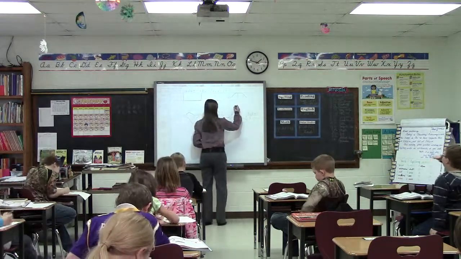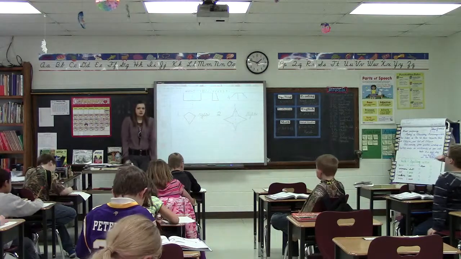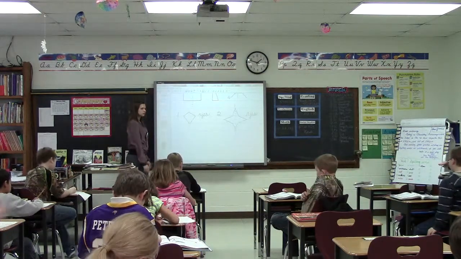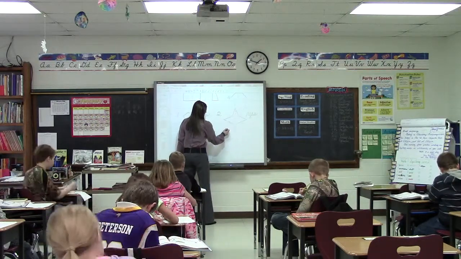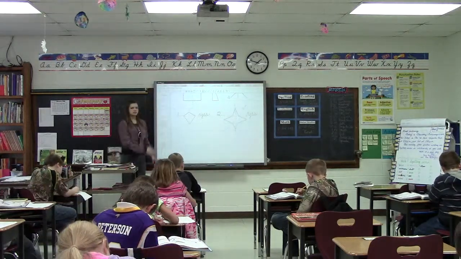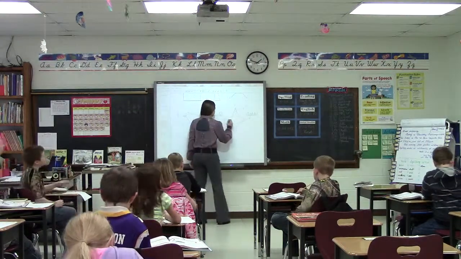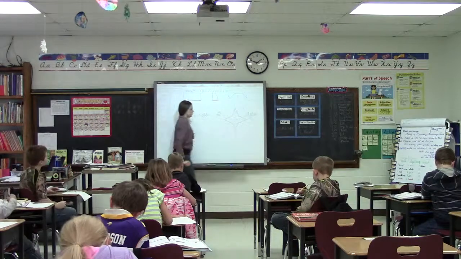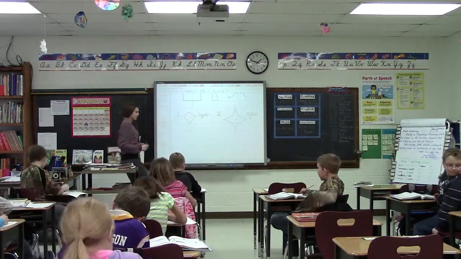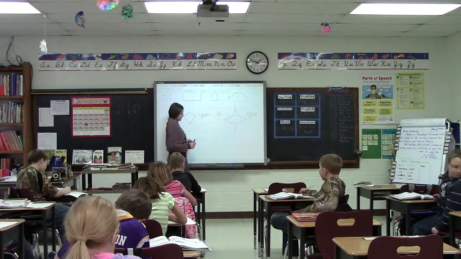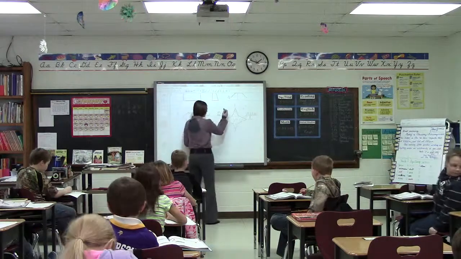Straight up and down. Where else could we cut that one? Dylan? Diagonal. Where else? Adrian? Across. Where else? There's another one. Through the other side. Riza? Yeah, they're diagonal, right?